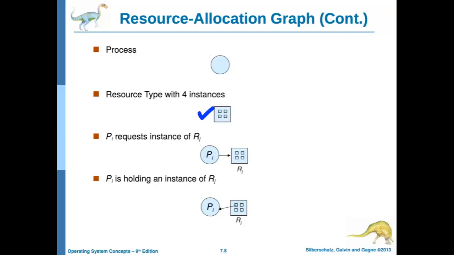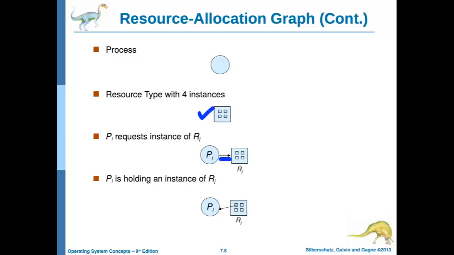For example, whenever any process requests, remember, this is a request. If there is an outgoing arrow from the process, as you can see here, then that means process Pi is requesting the resource type Rj.